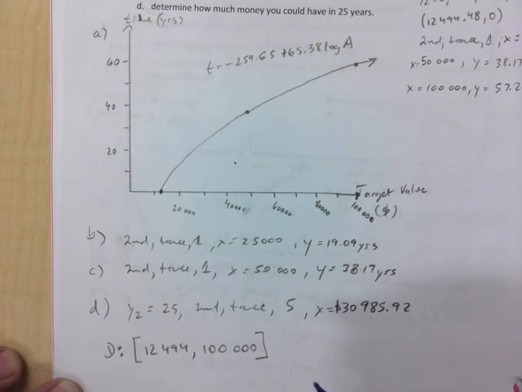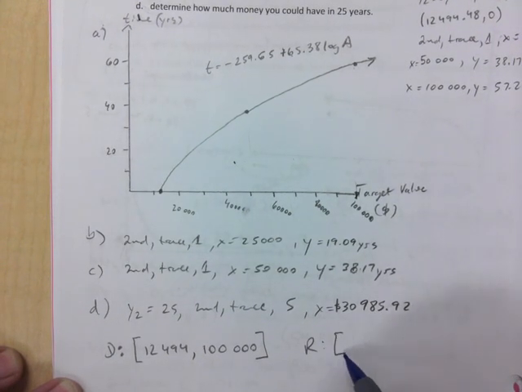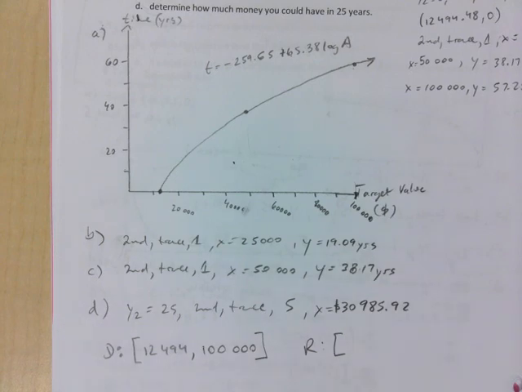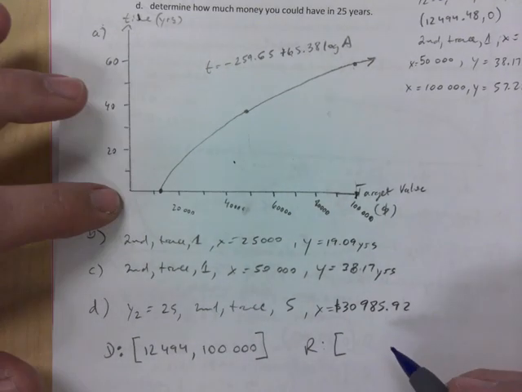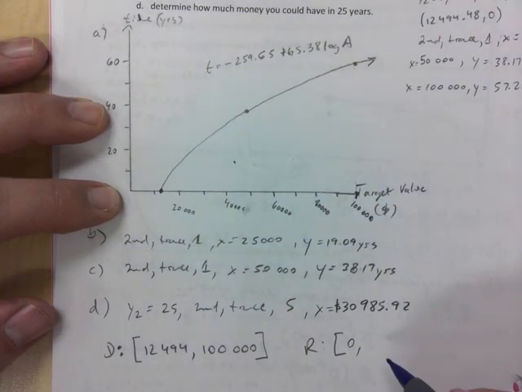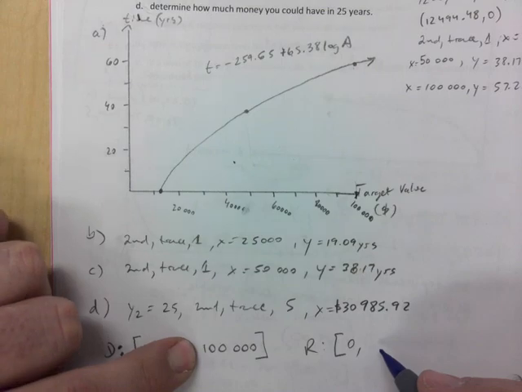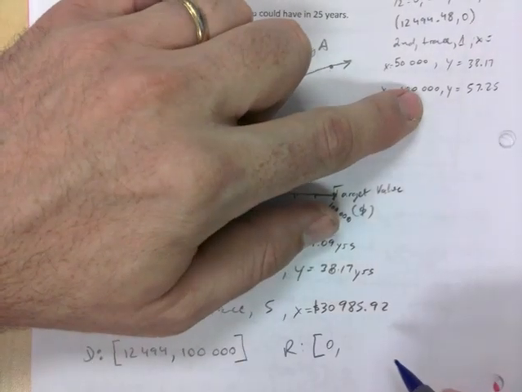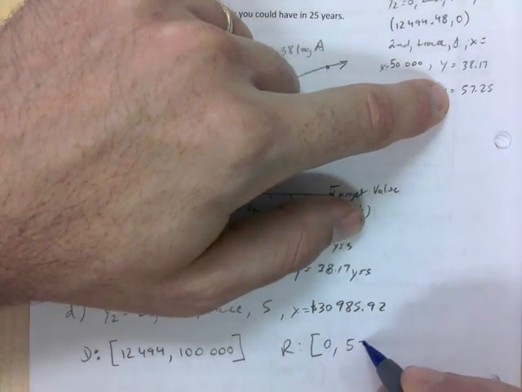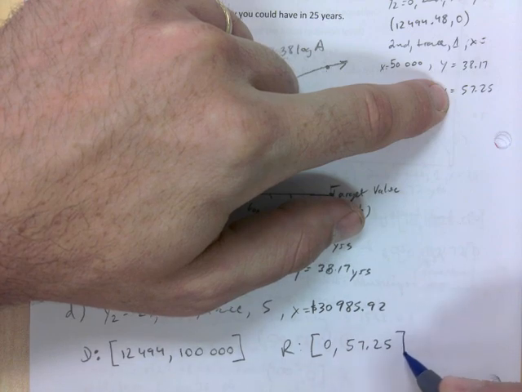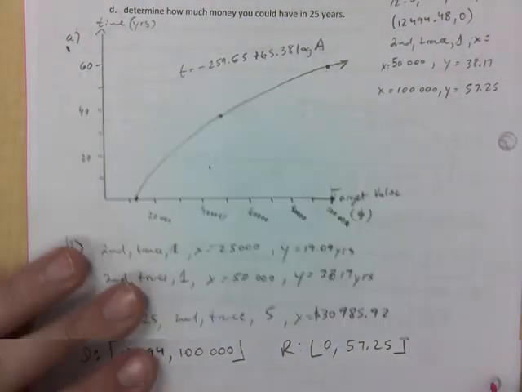I would be very clear about that on a test or quiz. And then the range would be from time 0 all the way to however long it takes you to get to 100,000. And we already have that, which is 57.25. Okay. There you have it.